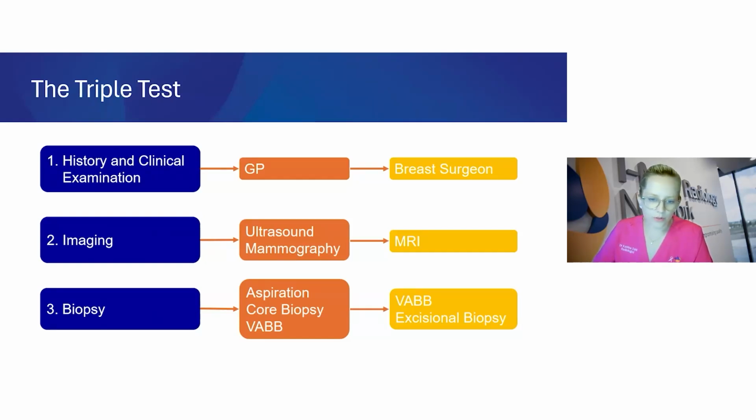When any of those three things do not add up, then we can step to the next line, which is examination by a breast surgeon and referral for consideration of additional investigation. From an imaging point of view, the next step is often MRI. And from improving our tissue sampling, again, we have VAB or a larger size VAB sometimes, or an excisional biopsy by the surgeon themselves.